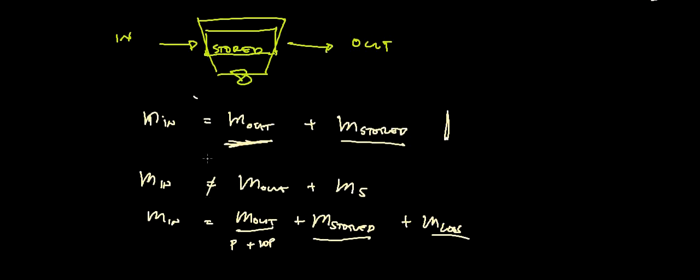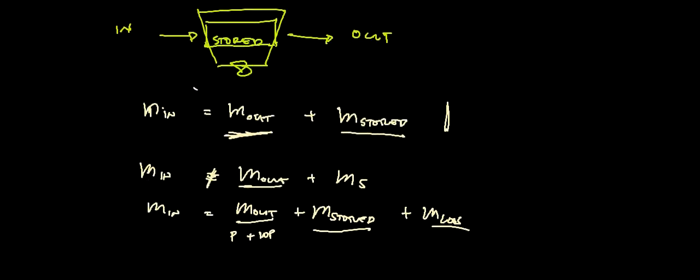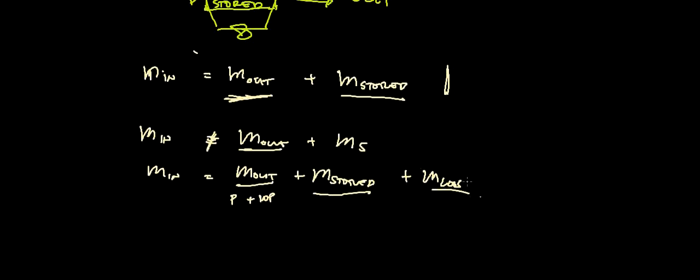And if we measure the mass in, the mass out, the total quantity of mass out, either a product or byproduct or waste product, and we've also identified the mass that is being stored in the system, and it turns out that the input is not equal to these two, then we can add what we call losses to account for those materials and those masses to come up with this balance equation.